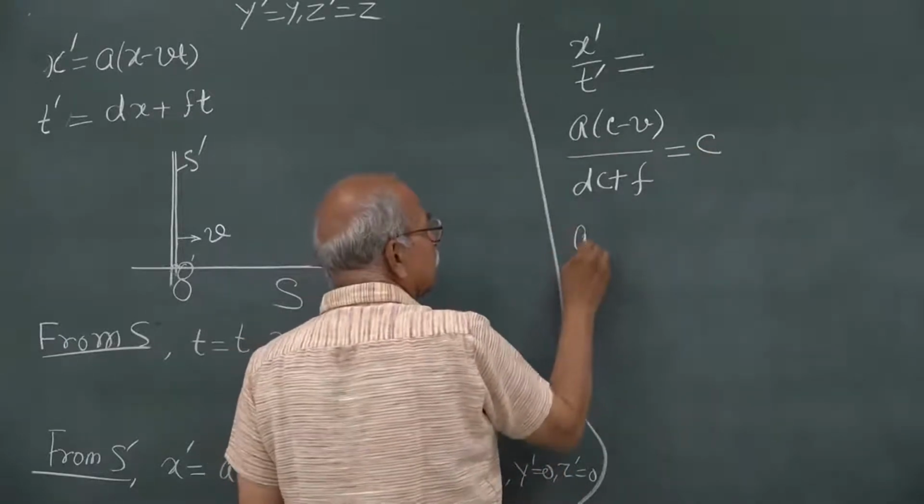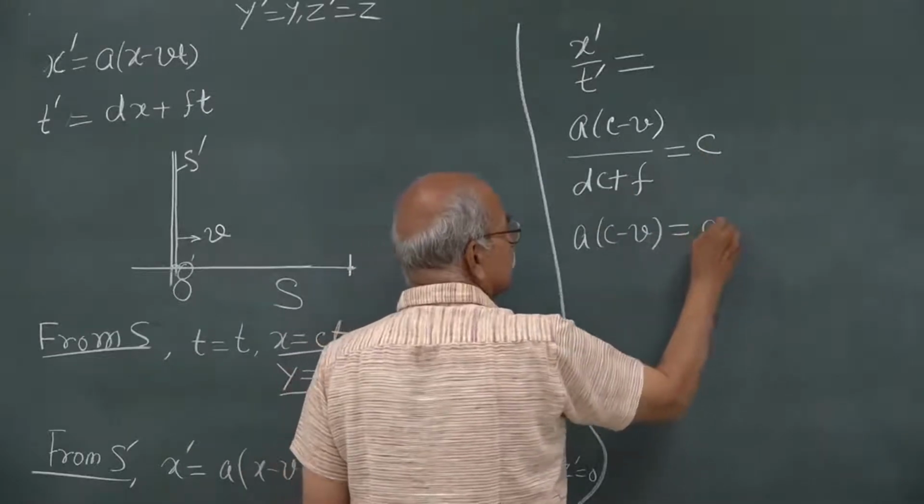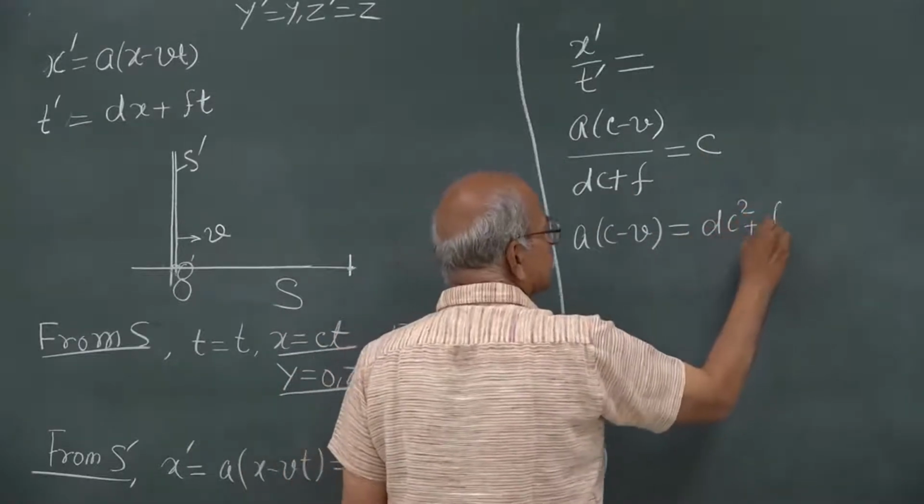Therefore, a into c minus v is equal to d c square plus f c.